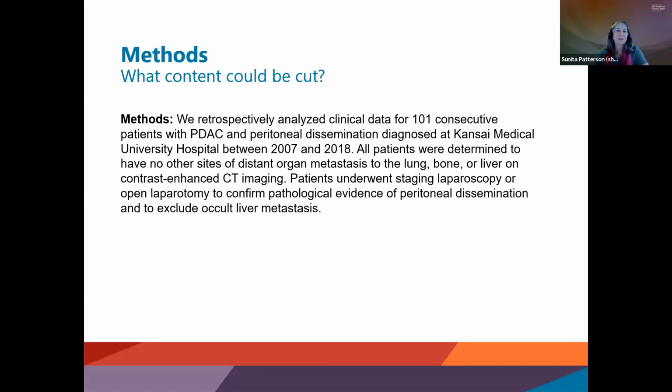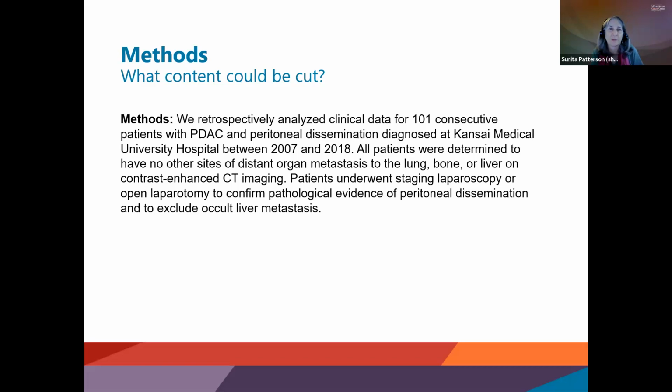Okay, so we have 3 sentences here. The first sentence contains the basic patient population, number of patients, where and when the study occurred. The second sentence talks about not having distant metastasis and how that was determined, and 11 out of 16 of y'all commented that that sentence contained information that could be cut, and I would agree.